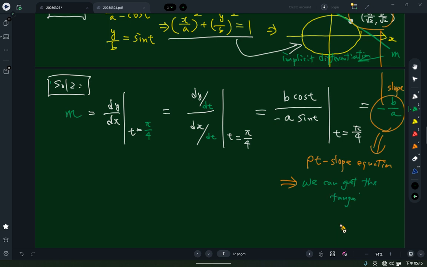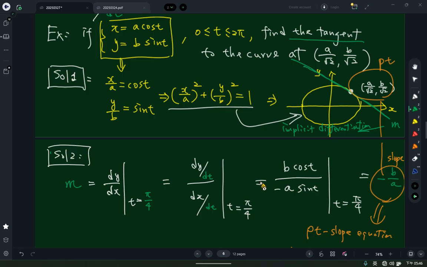I will skip this part because it's not that hard. But the solution is different. This one used implicit differentiation. This one just follows its original parametric equations. Then we can get the slope by this one. So this one is very important.